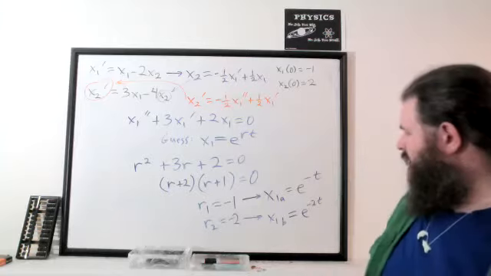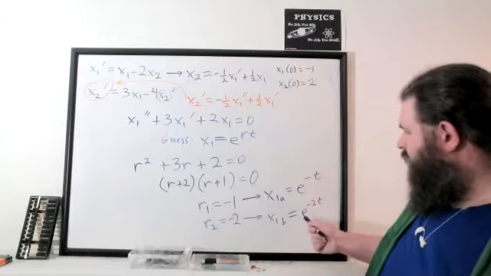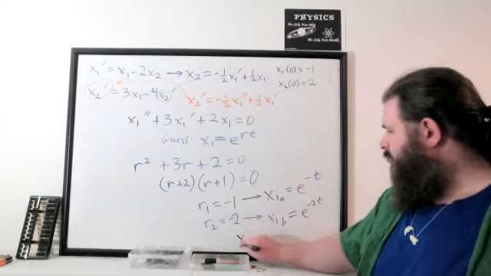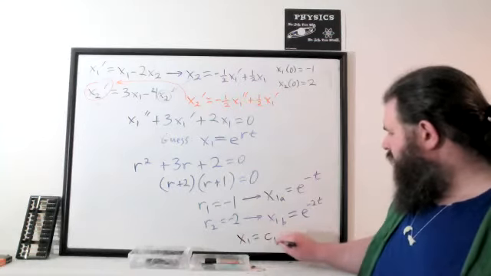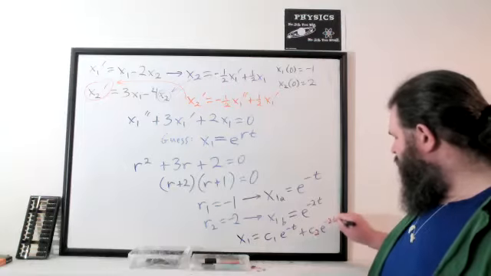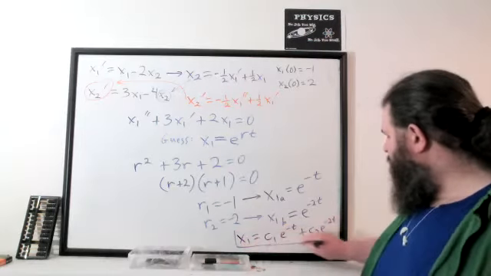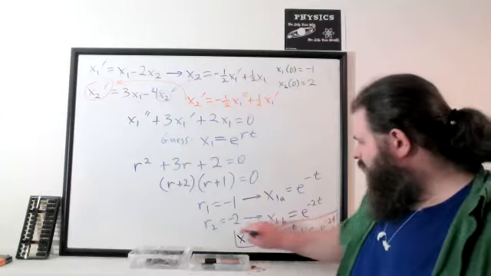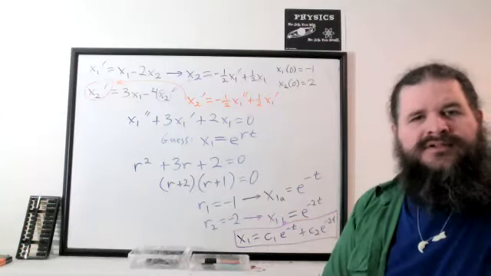Yeah, superposition. We just take, let's say, c1 times this plus c2 times this. So x1 is c1 e to the -t plus c2 e to the -2t. So we now have a solution for x1. Any questions on that so far?